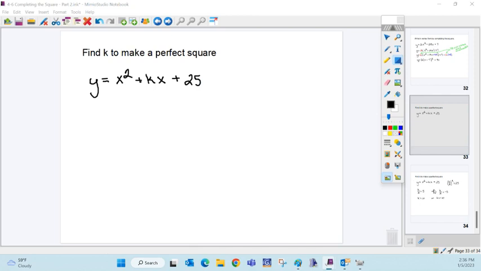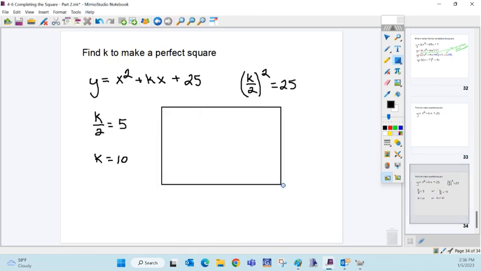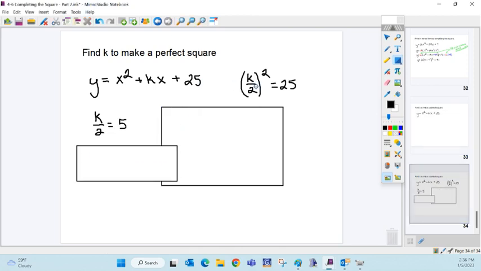Square root and multiply by 2. Okay? There we go. So if k over 2 squared is 25, k over 2 has to equal 5, or k over 2 has to equal what, if I use the square root to solve? Negative 5.